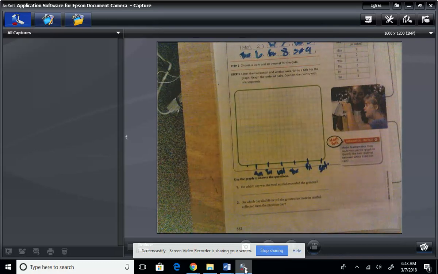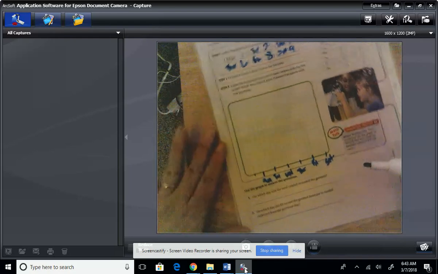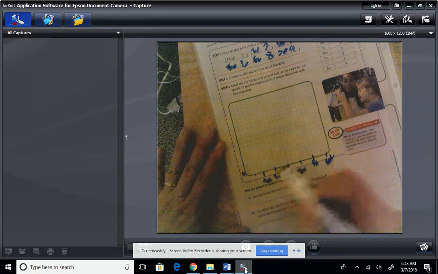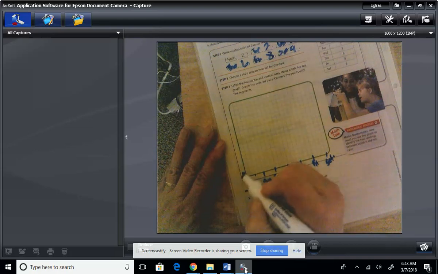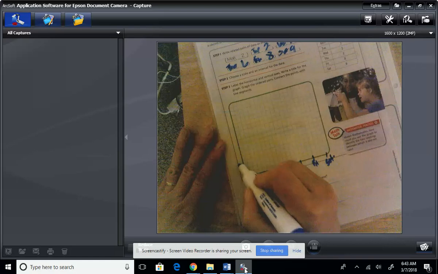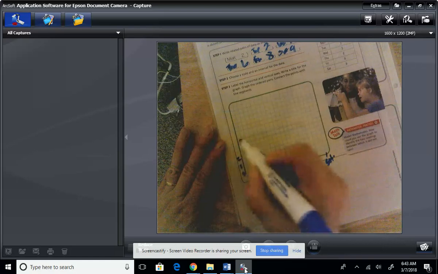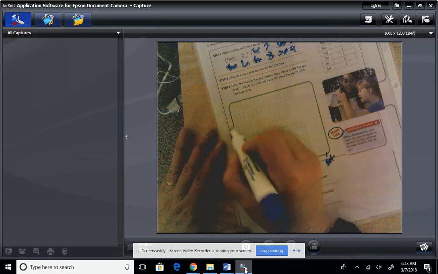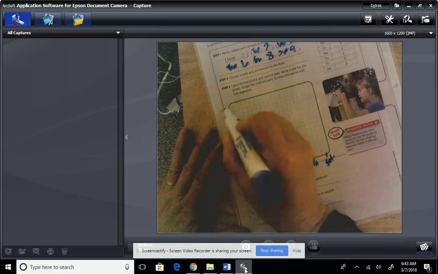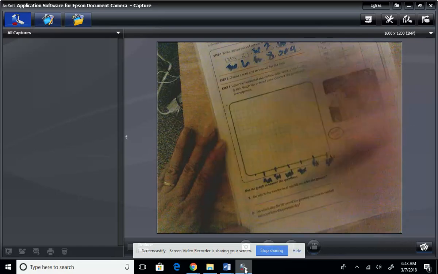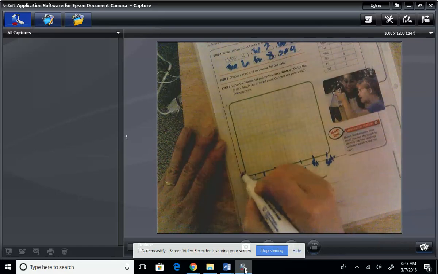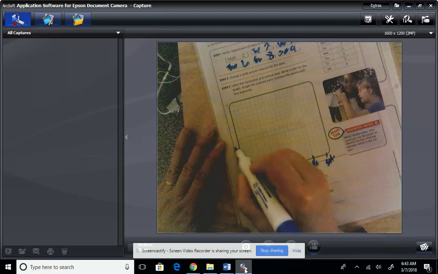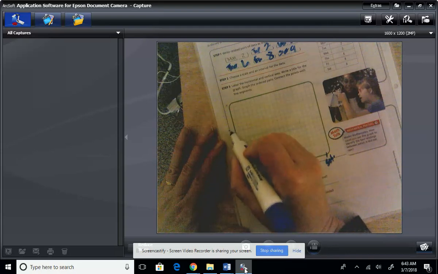On the side, what are my measurements going to be? Well, I can see I have to do the first one as 0. I think I'm going to do 1, 2, 3, 4, 5, 6, 7, 8. Nope, can't do that. Doesn't fit. So I'm going to do 0, 2, 4, 6, 8, 10.